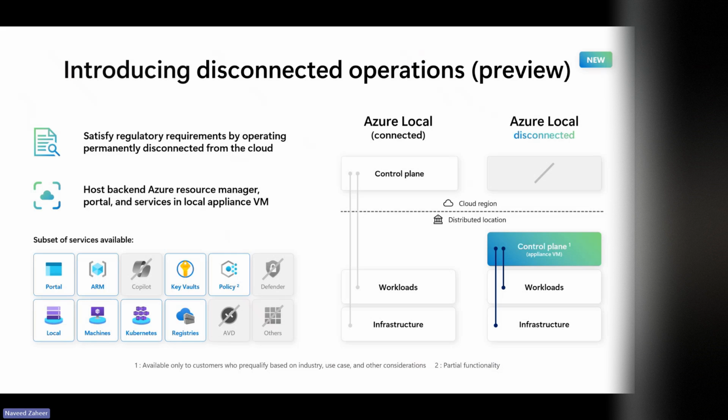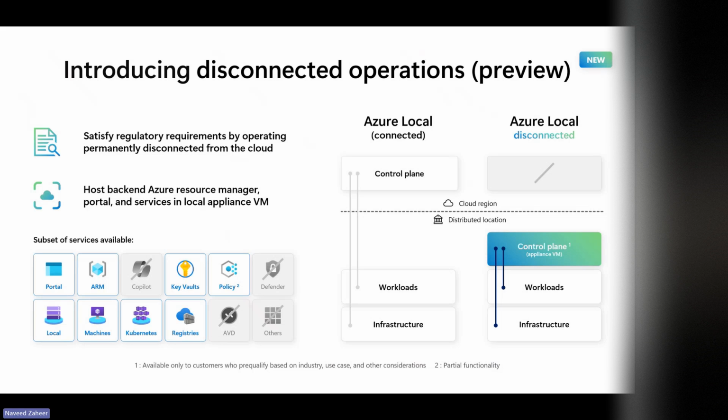So basically, since it's not the Azure portal that you're going to be using, you're going to be using an Azure portal that is running the control plane itself, running on your distributed location, as shown in the diagram. Okay, and not all the services are available.